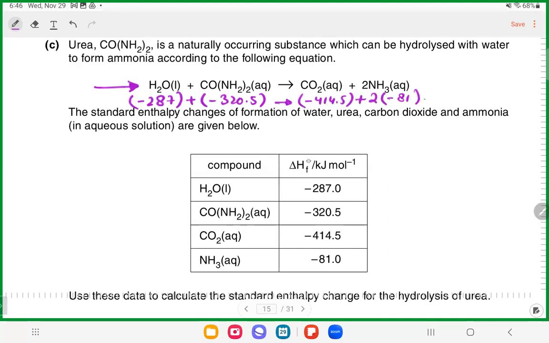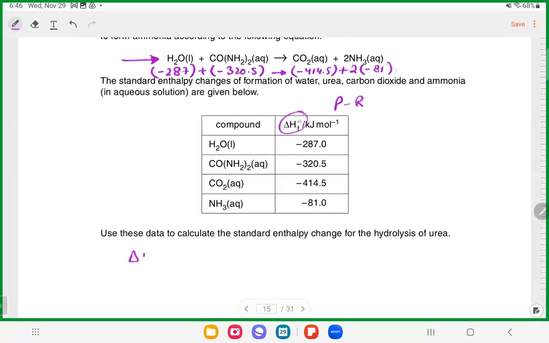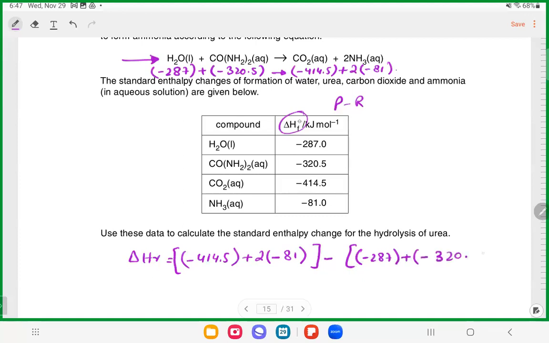Now this is a formation case, so you have to do product minus reactant. Delta HR is product minus reactant, which is minus 287 plus minus 320.5. And what is the final answer?